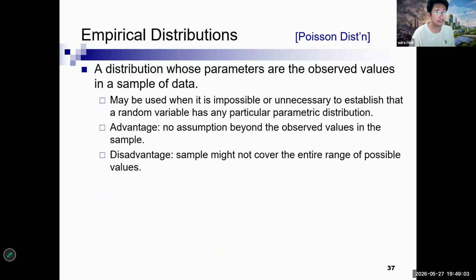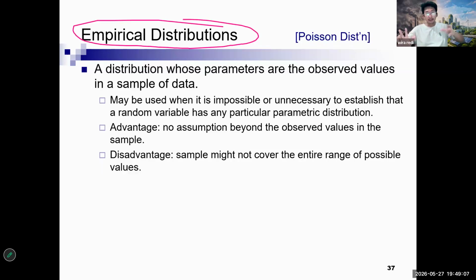Finally, I would like to jump to this one, empirical distributions. If your data somehow does not fit any of the distributions that were discussed earlier, what should you do? You can create your own formula, or you can directly use the observed sample data.